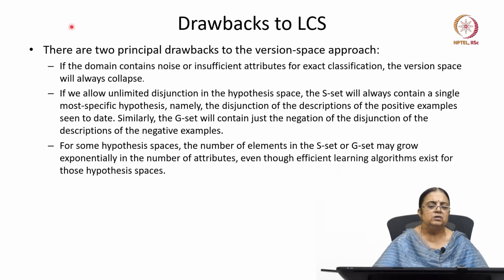hypothesis. So, what are the disadvantages of using this LCS? First of all, it may collapse. The version space will always collapse if you don't have enough examples, or enough attributes.